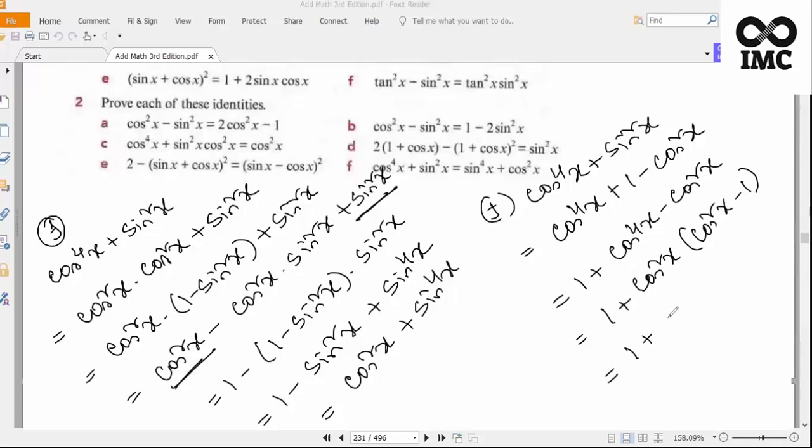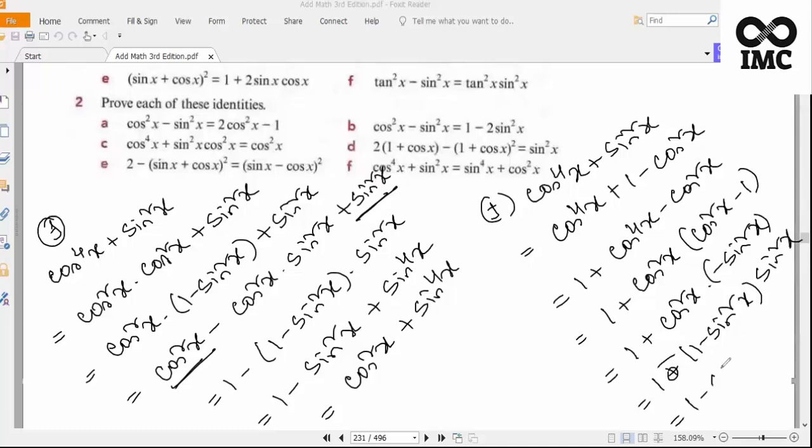So 1 + cos²x (cos²x − 1) can be written as −sin²x. Okay. So here 1 plus, instead of cos²x we can write 1 − sin²x, and here plus into minus can be written as minus sin²x. Look, then we will get 1 − sin²x + sin⁴x, or cos²x + sin⁴x. Look, both ways we will get the same answer.